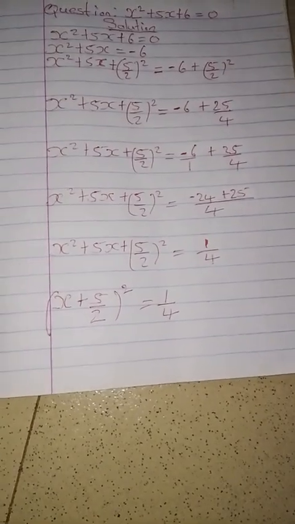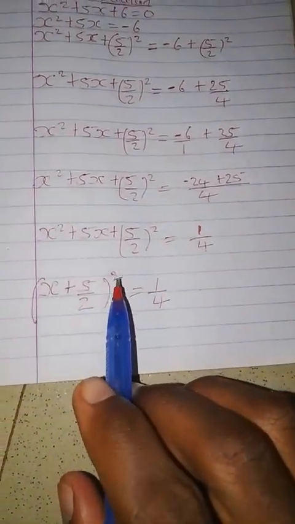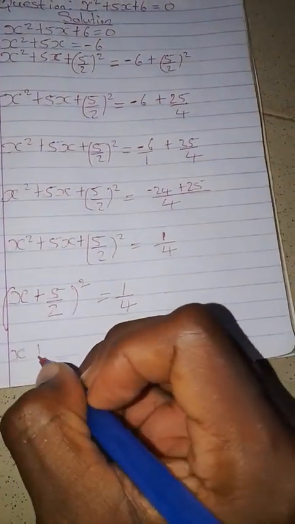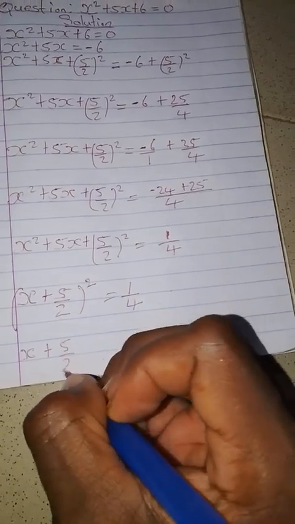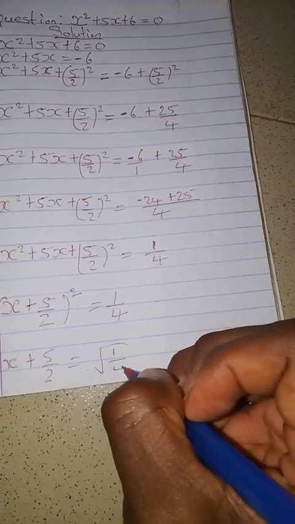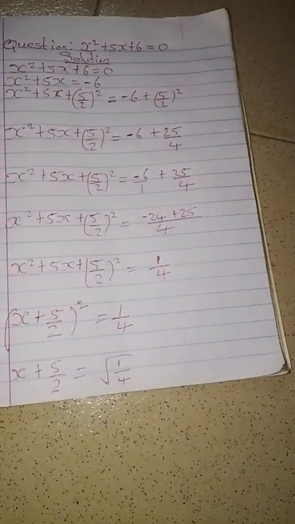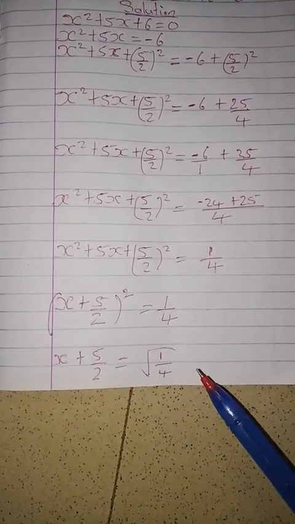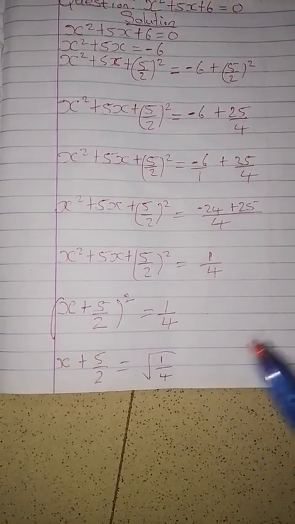Yes, so to cancel this square, we'll take the square root of both sides. x plus 5 over 2 equal to root 1 over 4. 5 over 2 will cross the equal sign and become minus 5 over 2. So we have x equal to root 1 over 4 minus 5 over 2.